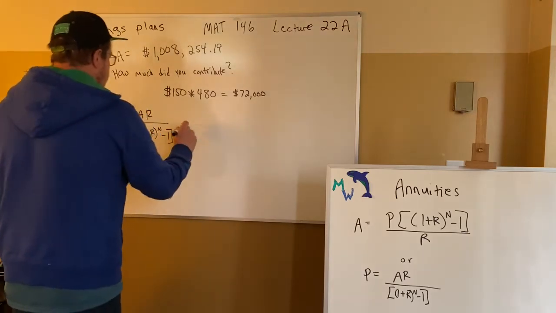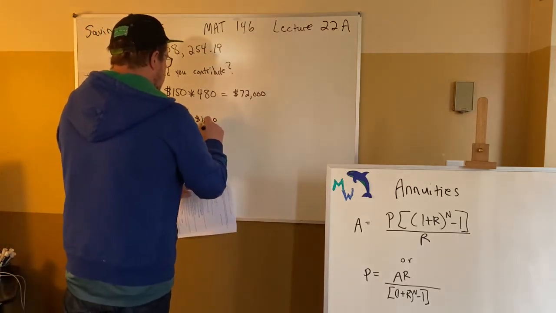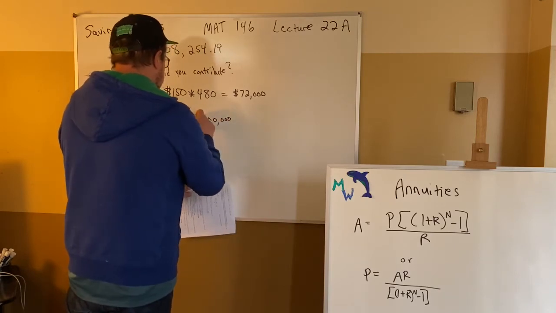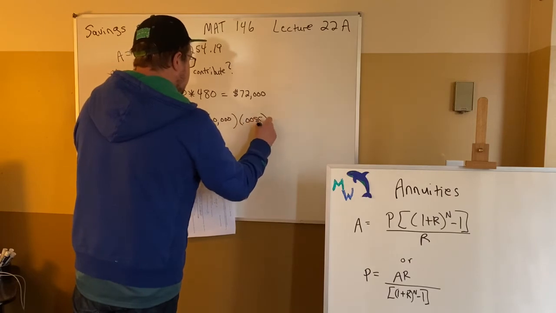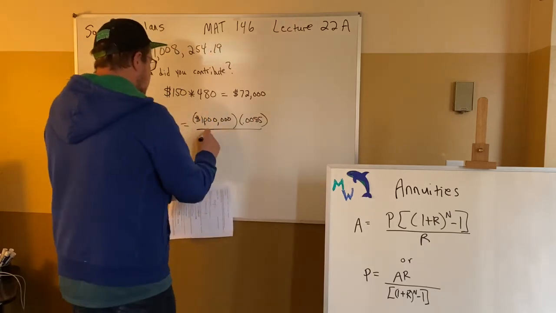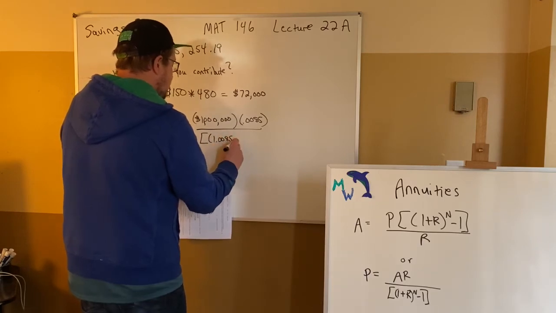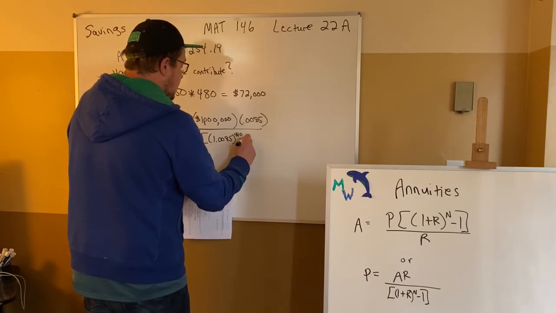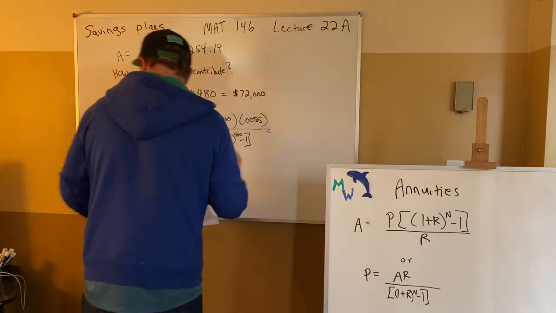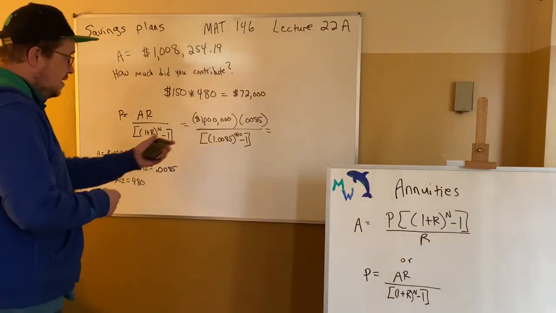And therefore, when we go for this one, we get $1 million on top times the interest rate of 0.0085 over, and then down here, we have the 1.0085 powered to 480 minus 1, and close that off. So let's see what we get here.